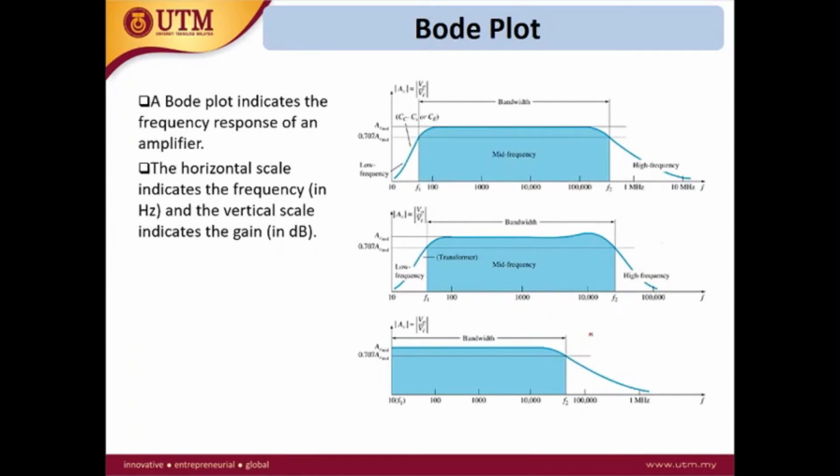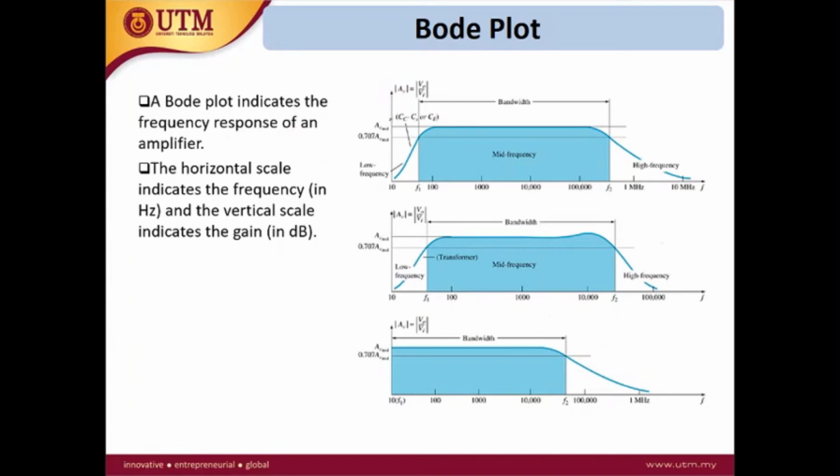Okay. So we discussed the mid band, low frequency and high frequency, and then the effect of the frequency on the gain of the amplifier. So actually we have a plot. We call it a Bode plot. The Bode plot indicates the frequency response of an amplifier.